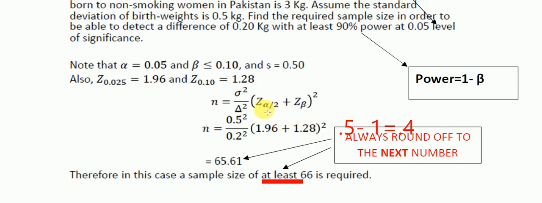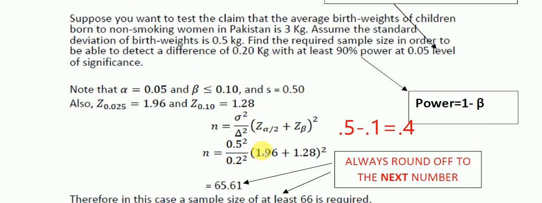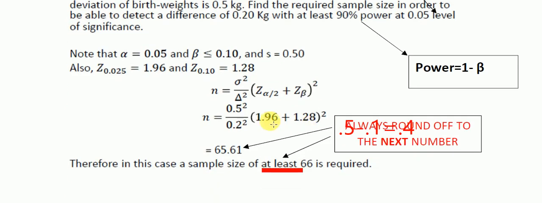Then z alpha by 2, so this is quite simple, because we'll definitely discuss it after this, how we calculate z alpha by 2. I've promised you from the beginning of this session that we'll discuss it. Okay, so just plug in the values.